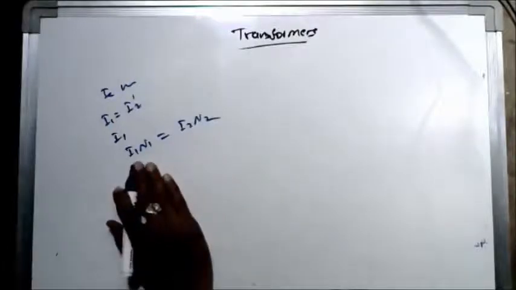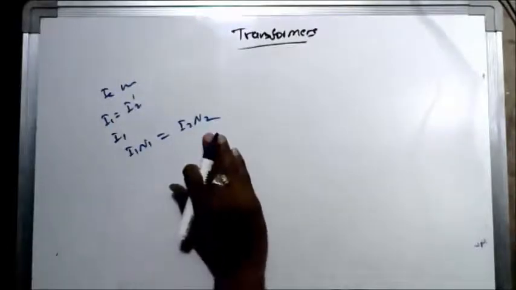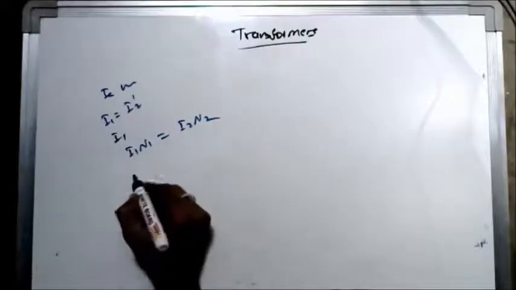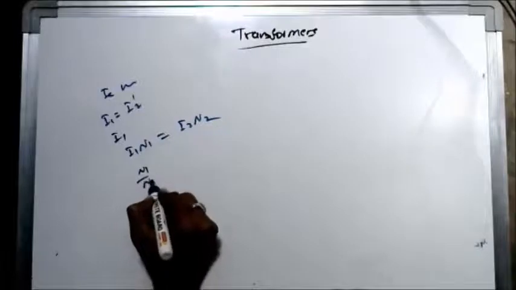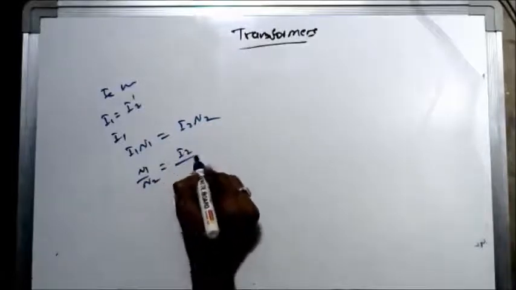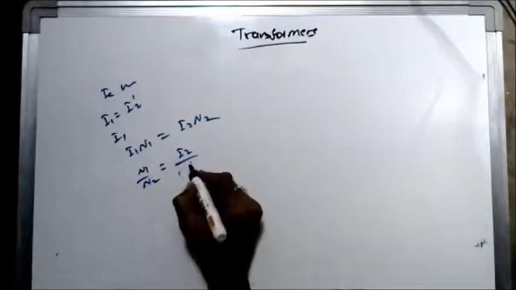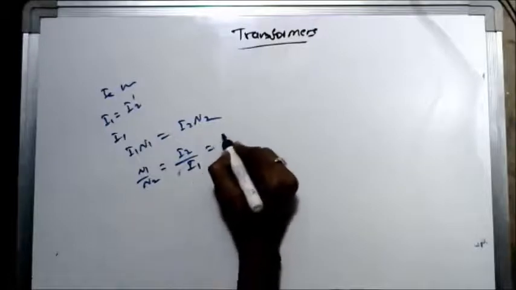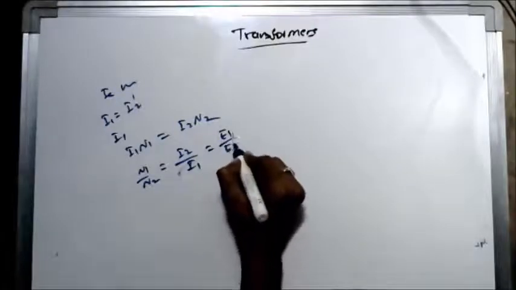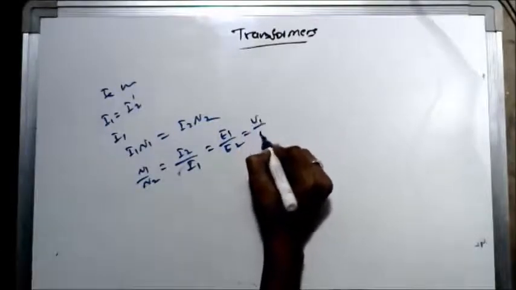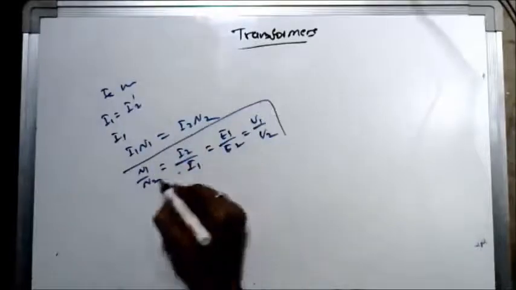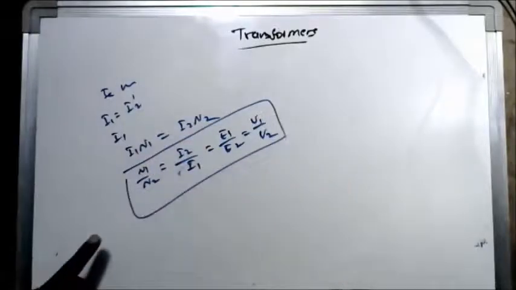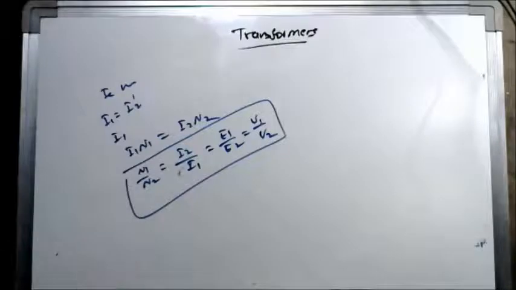So primary MMF is equal to secondary MMF. Must be equal. So then N1 by N2 is equal to I2 by I1, that is equal to E1 by E2, is equal to V1 by V2. This is all the transformer equation.